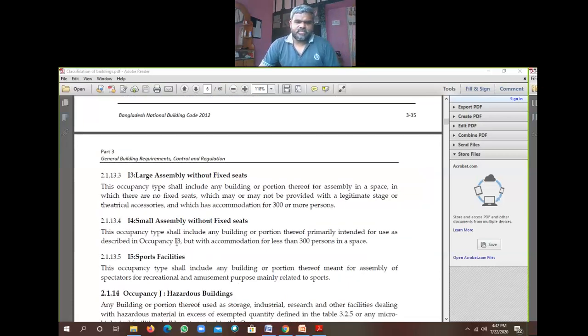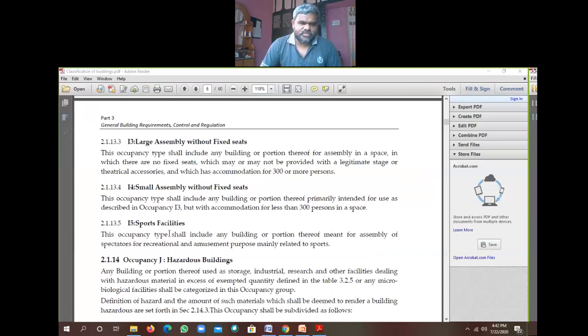And small assemblies are less than 300 persons, right? And next, the fifth one is sports facilities. This occupancy type shall include any building or portion thereof meant for assembly of spectators for recreational and amusement purposes mainly related to sports.